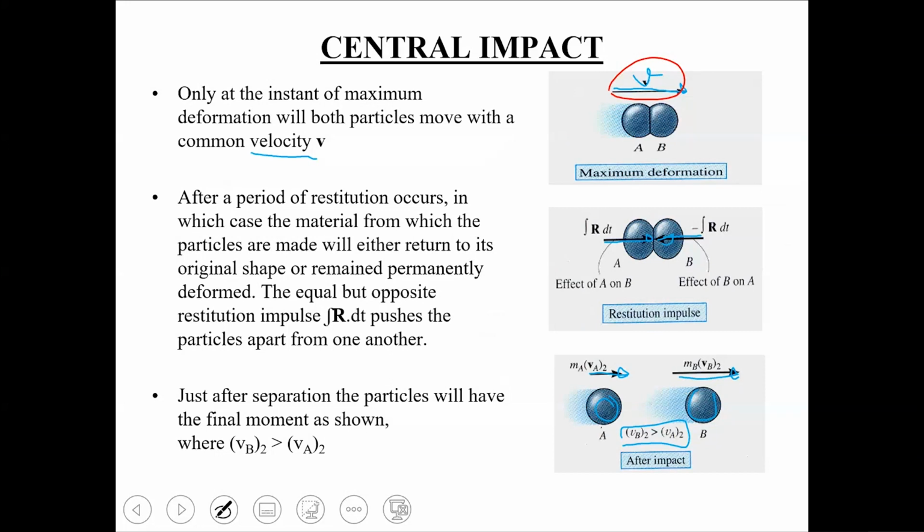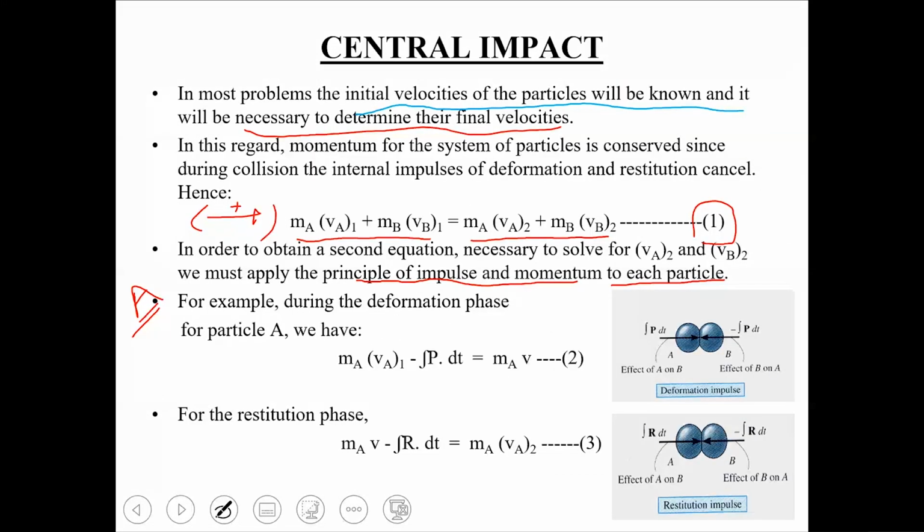So applying the principle of impulse and momentum on particle A during this deformation phase along the line of impact, the principle says that the initial momentum of particle A before the deformation phase plus the sum of all the impulses acting on particle A during this deformation phase should be equal to the final momentum of particle A after this deformation phase.